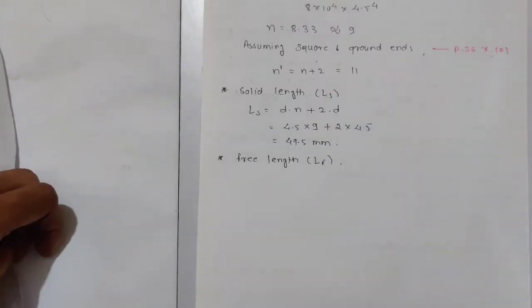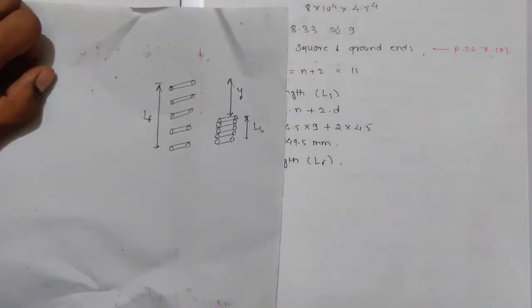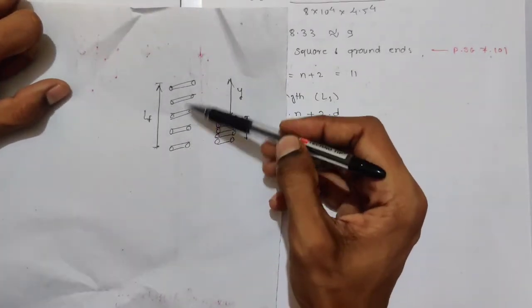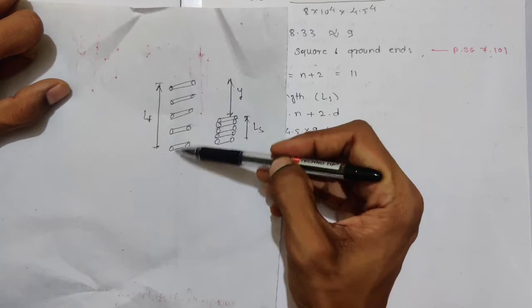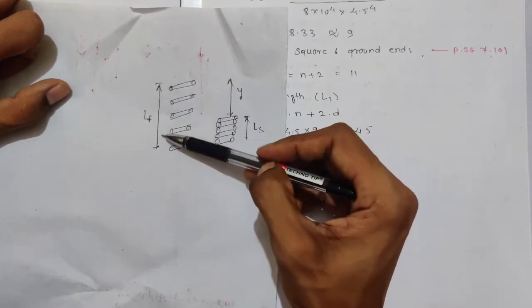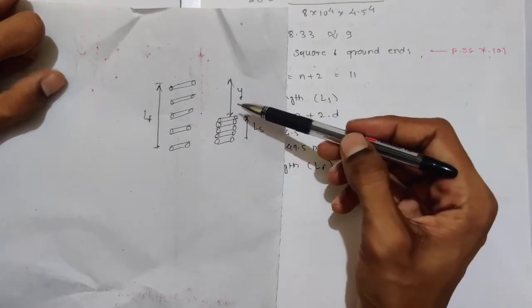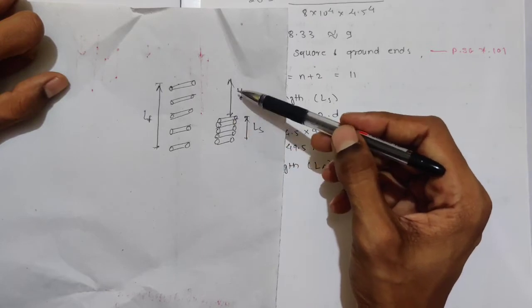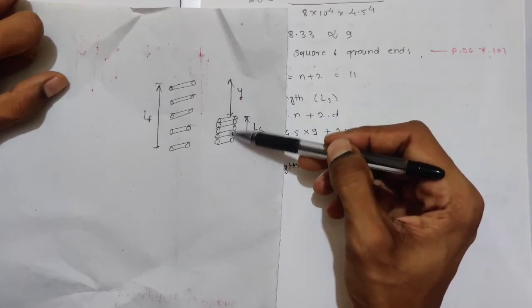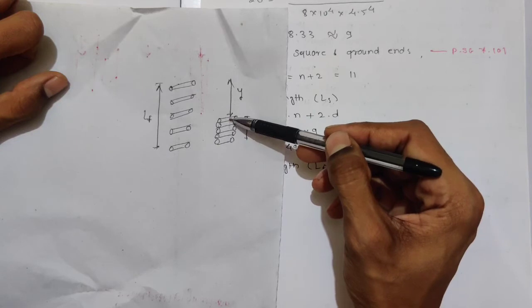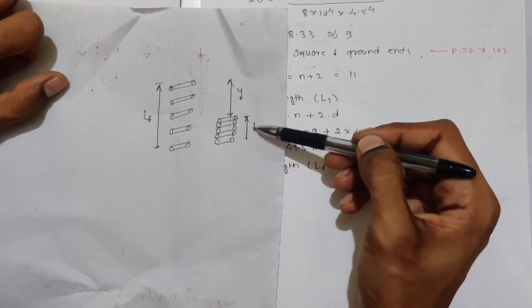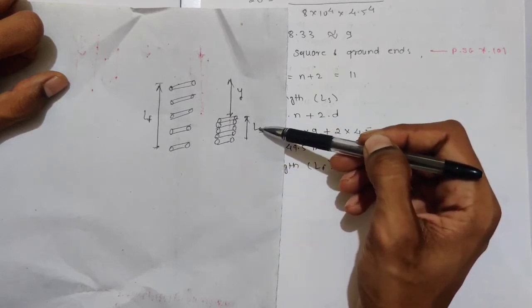Now let's understand this free length first. When there is no load acting on a compression spring, the length of the spring is the free length. When the maximum load is acting and the coils are touching each other, it is the solid length, right?